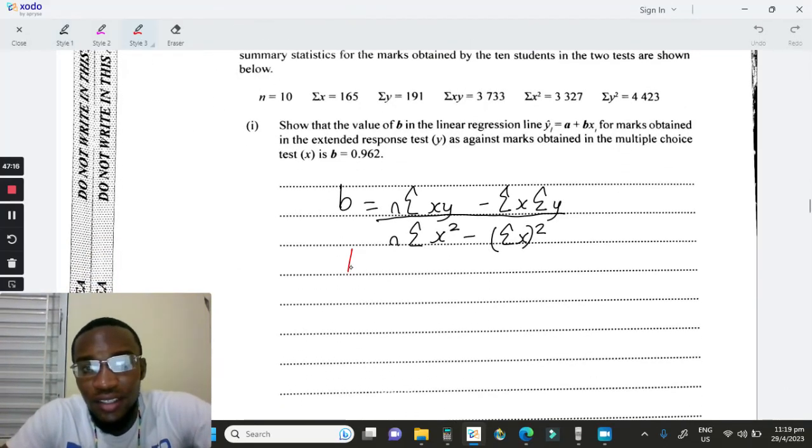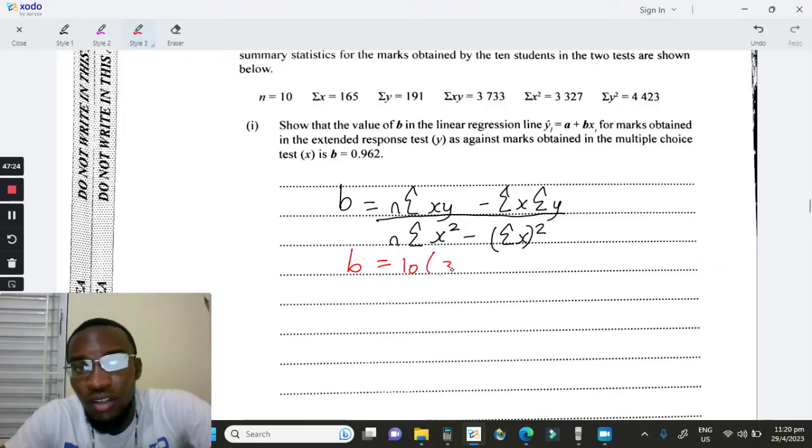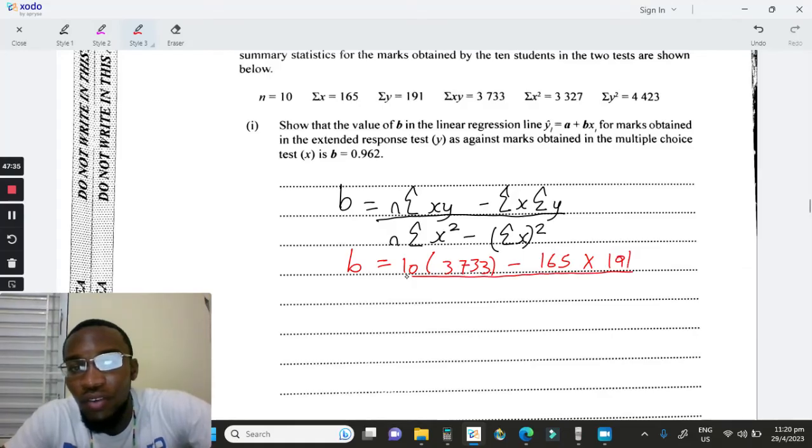In this case, b is equal to n times the sum of xy. n is how much? 10. So 10 times 3733 minus the sum of x, 165, times the sum of y, 191, over n times the sum of x squared. So 10 times the sum of x squared, which is 3327, minus the sum of x all squared.